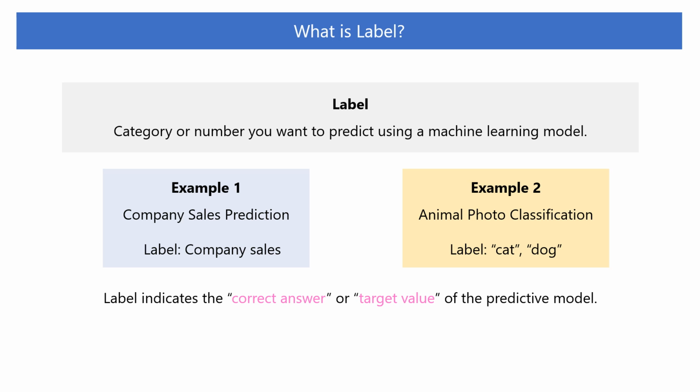In the case of a model that determines whether the animal in a photo is a cat or a dog, the labels are the type of animal, cat or dog. In other words, this information indicates the correct answer or target value of the predictive model.